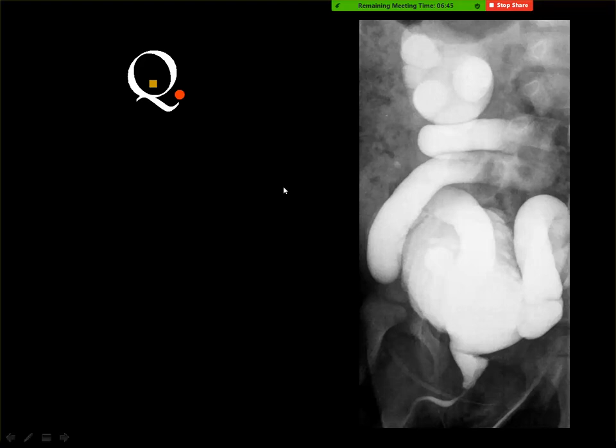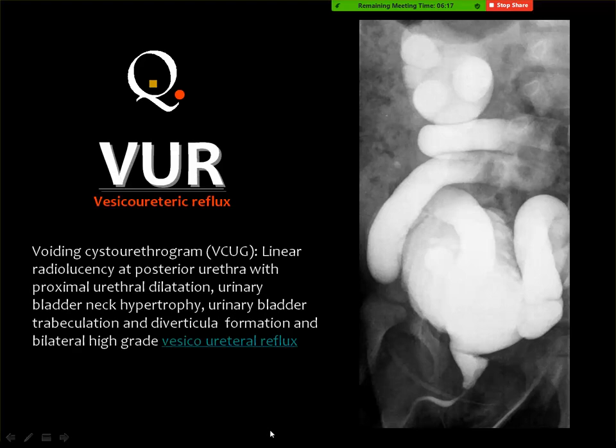And then this is a posterior urethral valve, almost similar to the first case, where you see that the posterior urethra is markedly distended, the anterior urethra is good, and there is what looks like a constriction here corresponding to the site of the valve. Then you get bladder outlet obstruction with trabeculated outline and huge bilateral vesicoureteric reflux.